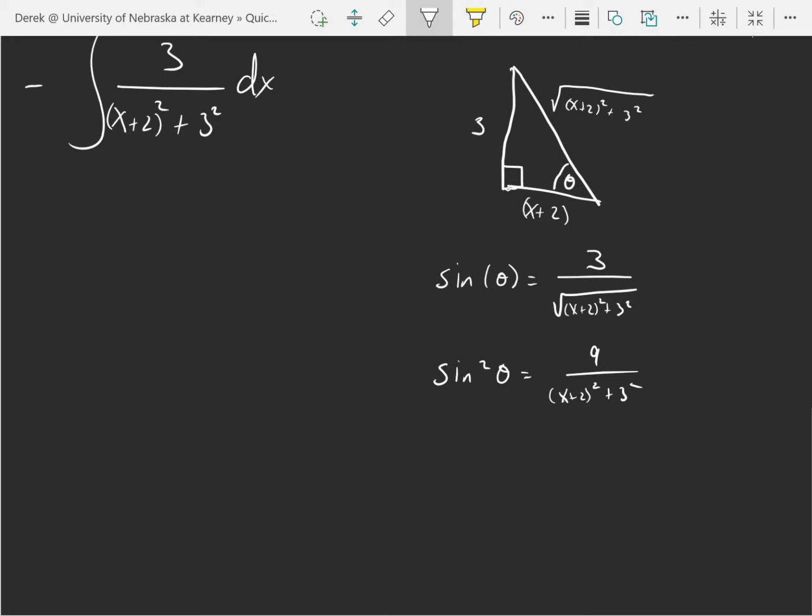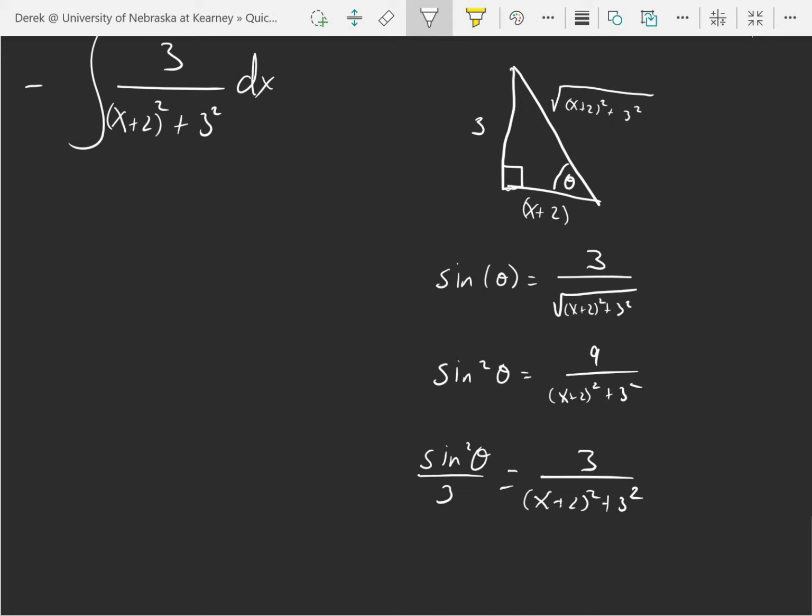That's almost what I have in the equation here, but it's 3 times too big. So let's just divide by 3 on both sides. Sine squared of theta over 3 is equal to 3 over (x plus 2) squared plus 3 squared.